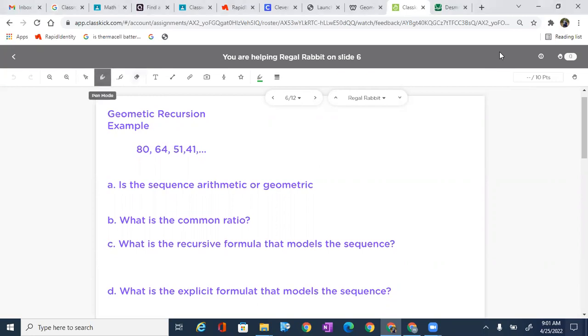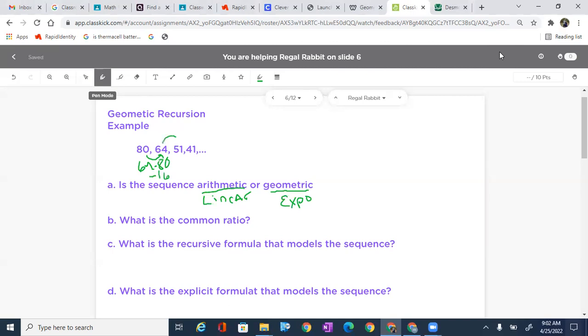So the first thing we have to remember is that geometric is an exponential pattern, and arithmetic is a linear pattern. Just by looking at the data, we can see that the gap from 80 to 64, if we do 64 minus 80, shows we've decreased by 16.